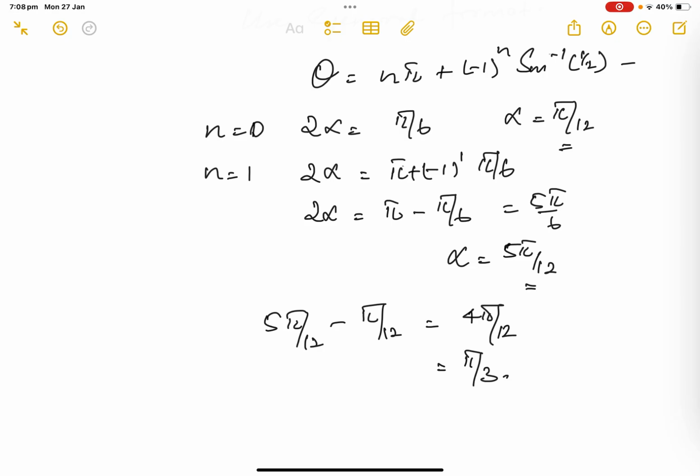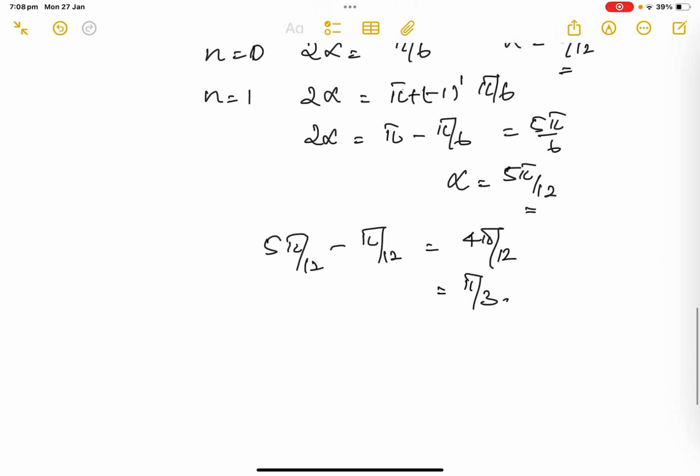Again, it's less than 90 and greater than 0. If you take any more values for n, alpha will be greater than pi by 2, which we don't want. We just want to keep that the given alpha is an acute angle. Therefore, these two values, pi by 12 and 5 pi by 12, are the two angles.